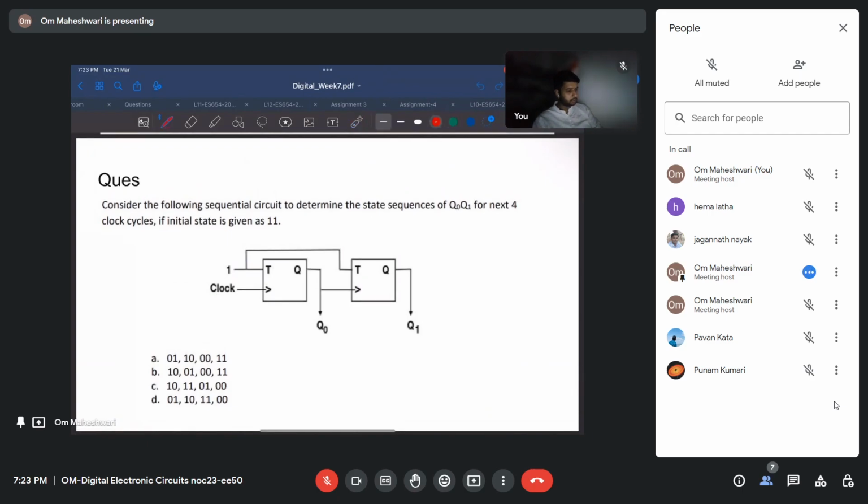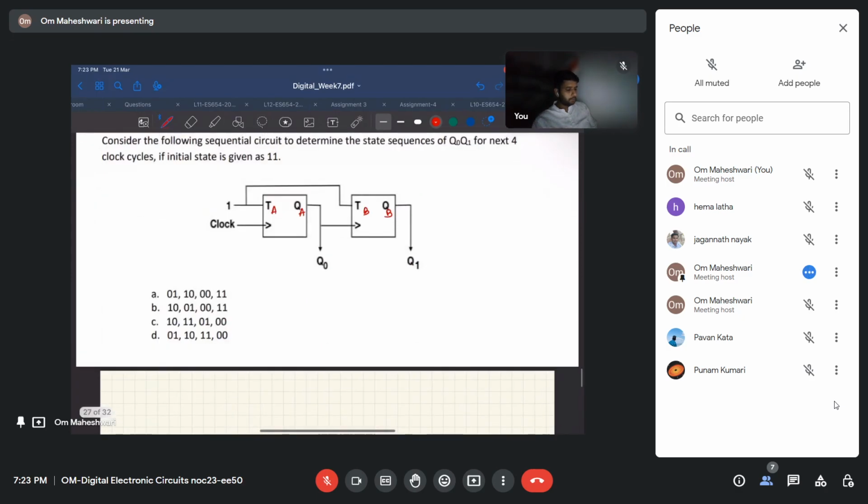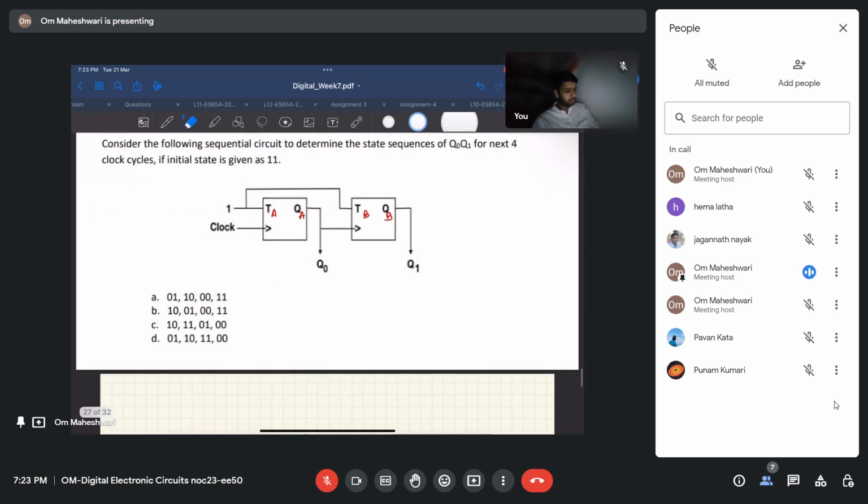So let me type T0, Q0, T1, Q1. So both the inputs are always 1 to the T flip flop.